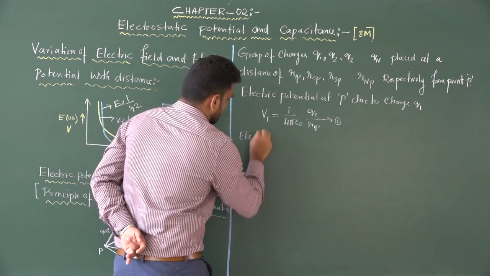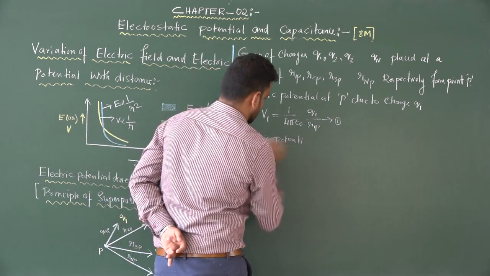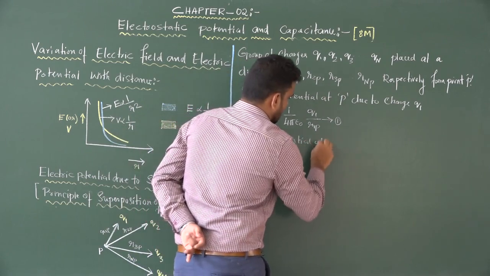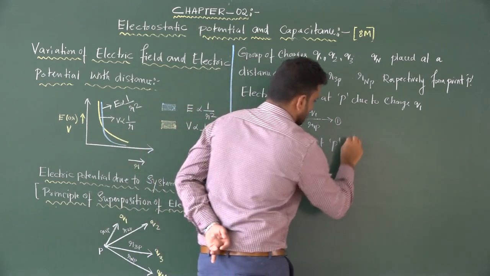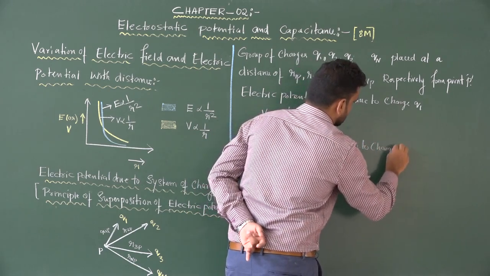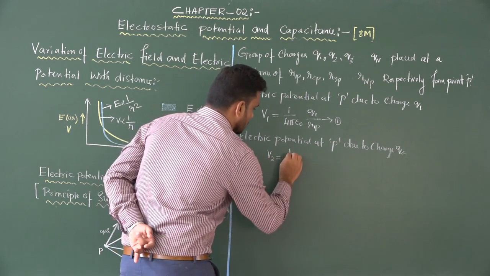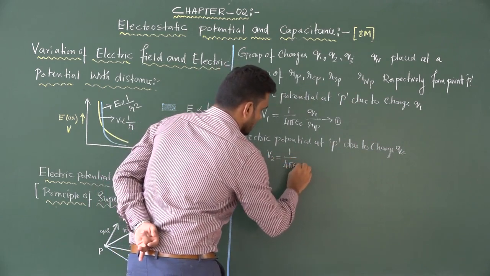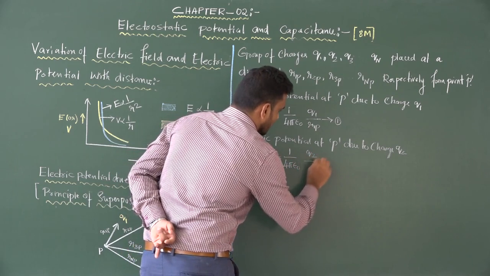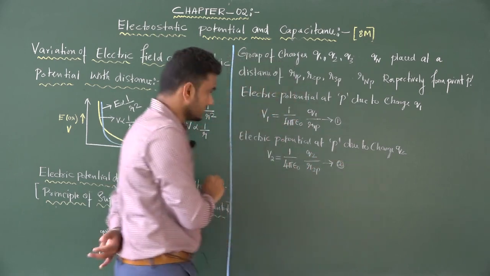Then electric potential at point P due to charge Q2 is V2 is equal to 1 over 4 pi epsilon naught, Q2 divided by R2p. Equation number 2.